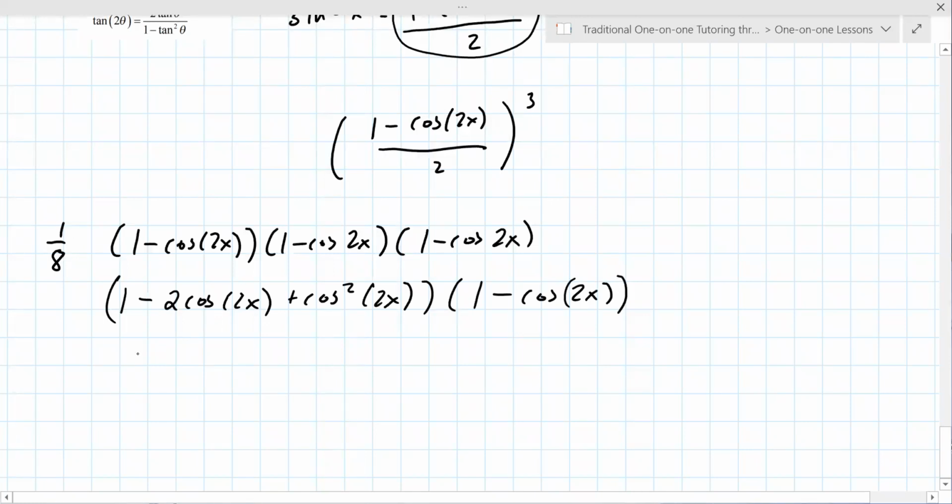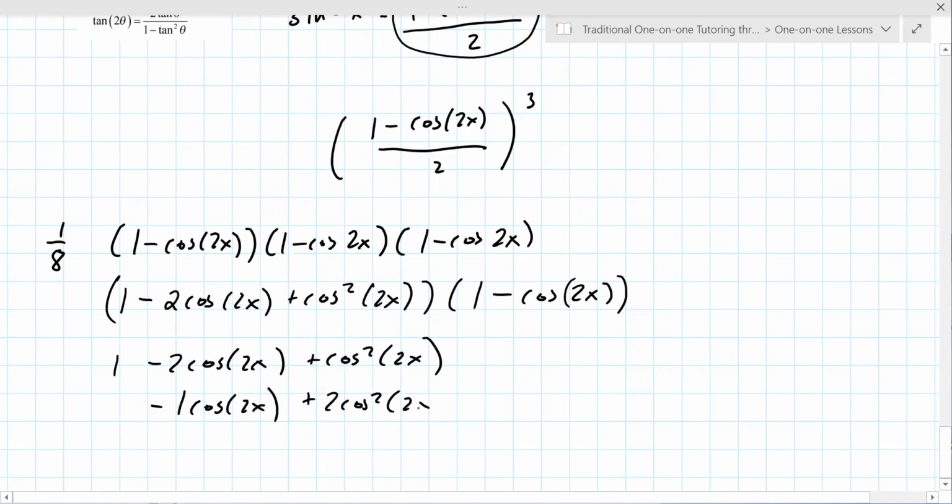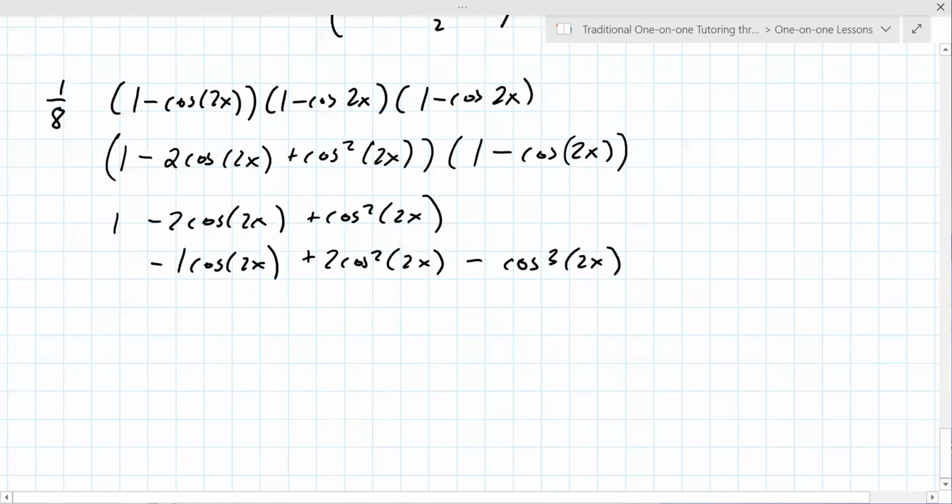So you have 1 minus 2 cosine 2x plus cosine squared 2x, multiplying each of these by 1. Then you multiply by this and you look for things that might match. This would give you a minus 1 cosine 2x plus 2 cosine squared 2x minus cosine cubed 2x. Now, in full disclosure, I'm pretty sure this is the right approach.